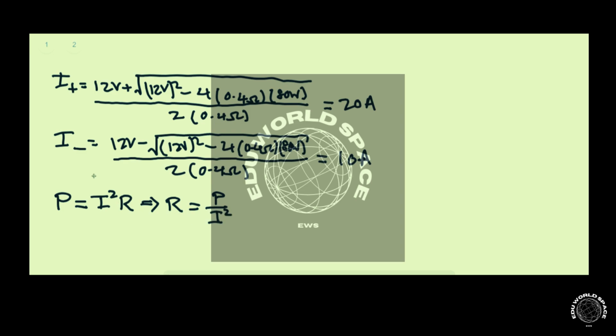And remember that we have two values of I, so we have one that corresponds to I plus and one that corresponds to I minus, which are 20 amperes and 10 amperes respectively.